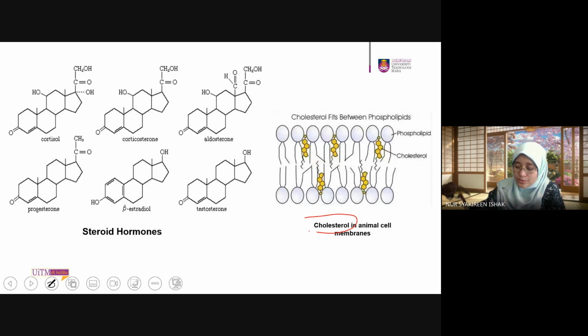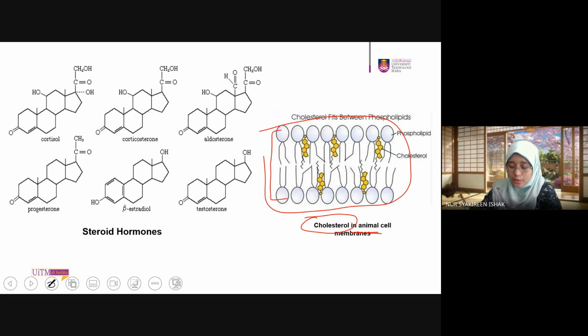Okay. So cholesterol, as you can see, is embedded in the plasma membrane of animal cells only. Okay. So this is the 2 layers of phospholipid molecules in a plasma membrane. So the way you are supposed to draw the presence of cholesterol is that it is located in between the phospholipid molecules.